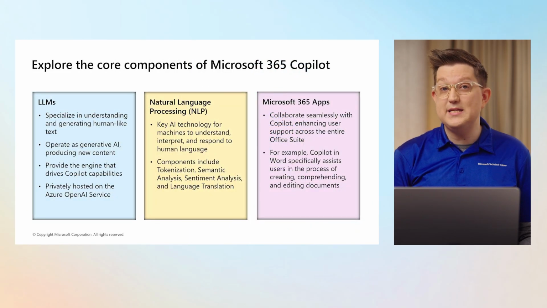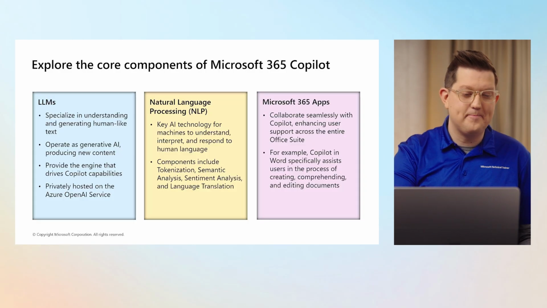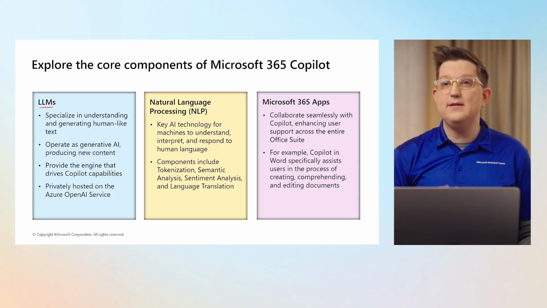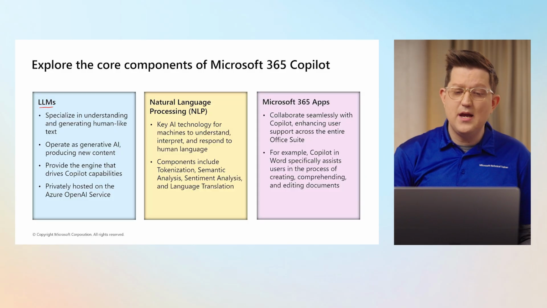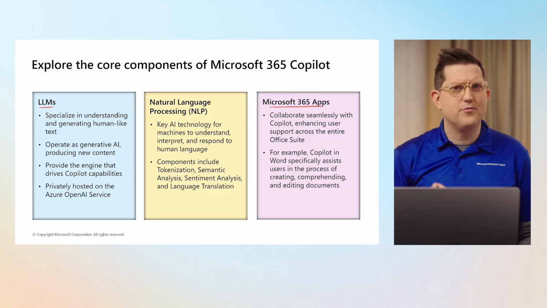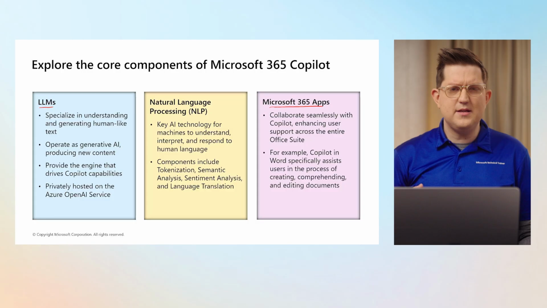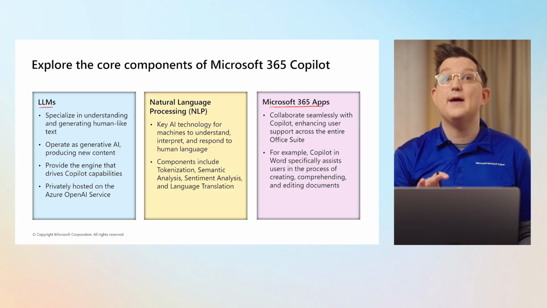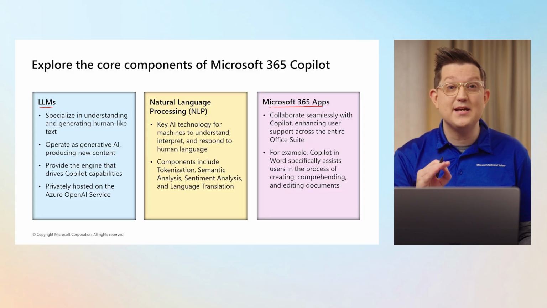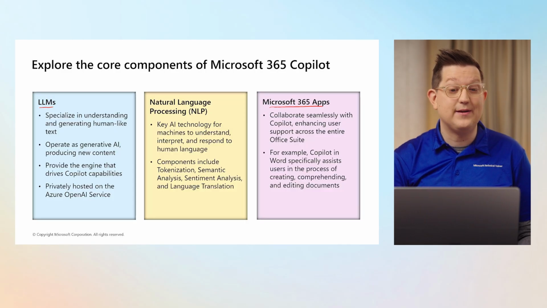Now, there's one last piece of this that I haven't actually defined properly yet. We talked about LLMs already, those pre-packaged components, and we've talked about Microsoft 365 apps. But I only really quickly went through what a natural language processing component is. One of the key things to remember with large language models, the thing that Copilot's based on, is that they don't really understand anything. It'll feel like it. They're extremely good at being able to predict what they need to say next to be accurate and say the right thing.